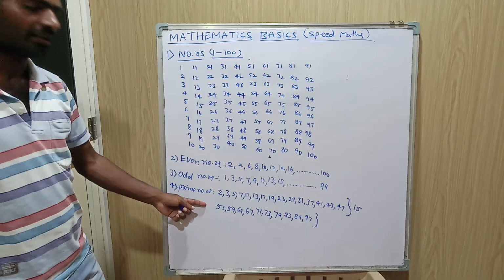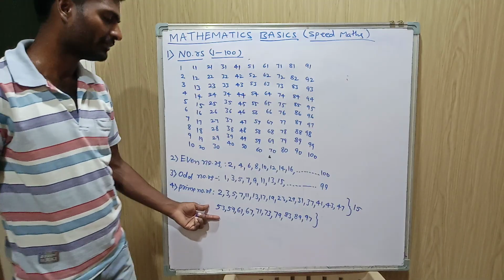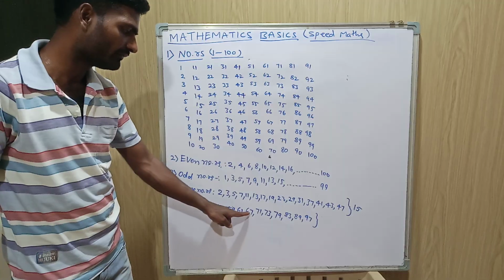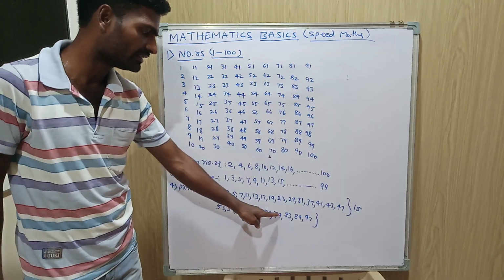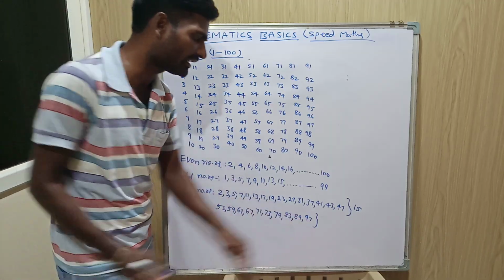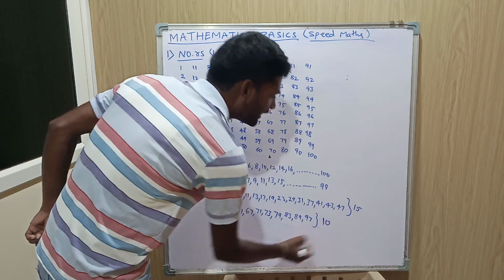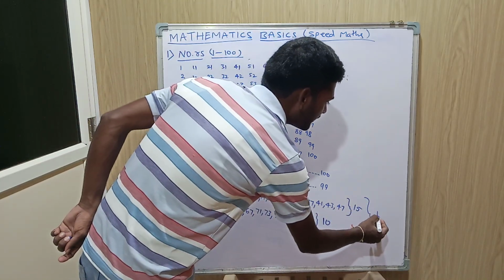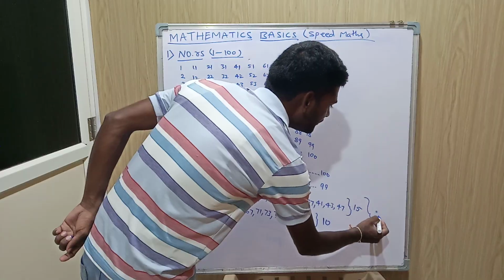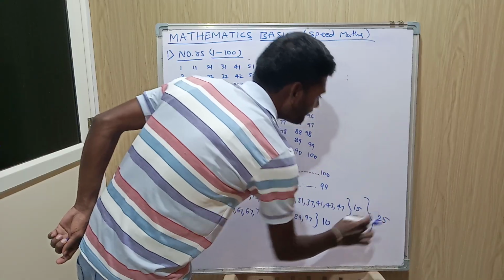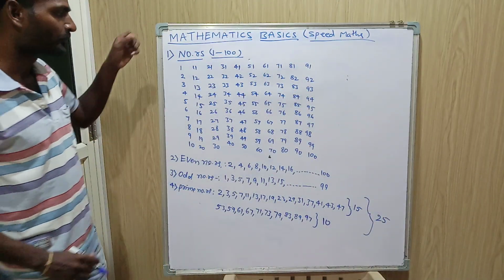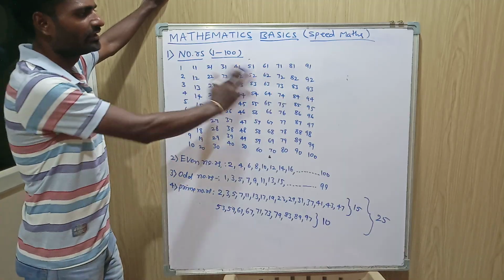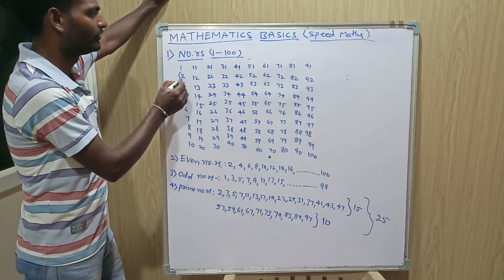From 50 to 100, 10 prime numbers will be there. You can check: 1, 2, 3, 4, 5, 6, 7, 8, 9, 10. Here 10 prime numbers. From 1 to 100, there were a total of 25 prime numbers.